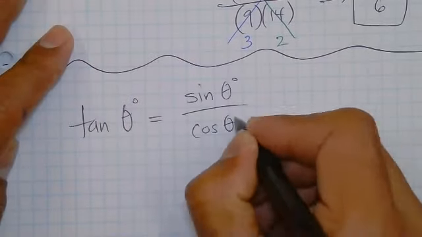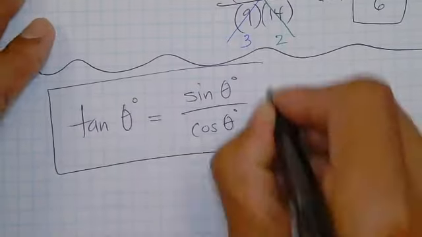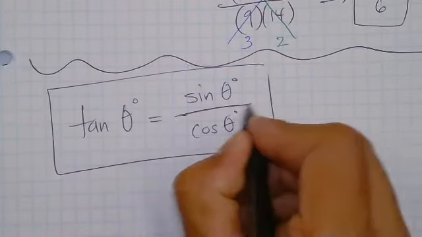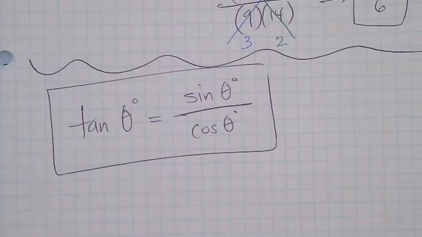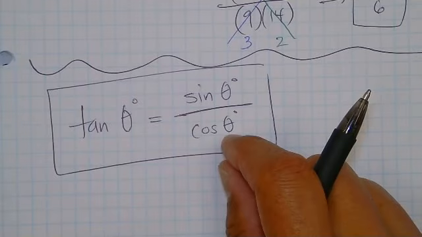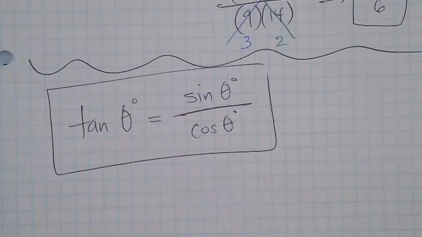Tangent is sine over cosine. That's how you find tangent on the unit circle. Tangent is sine over cosine. You got to put the exact value for sine and divide it by the exact value for cosine.